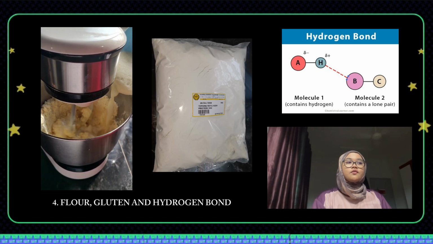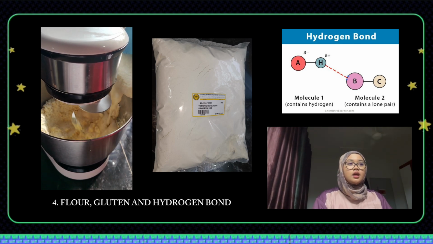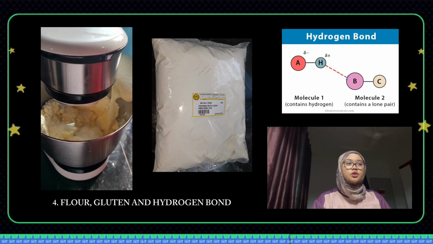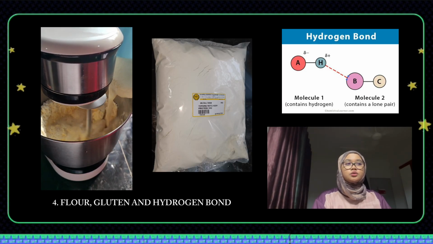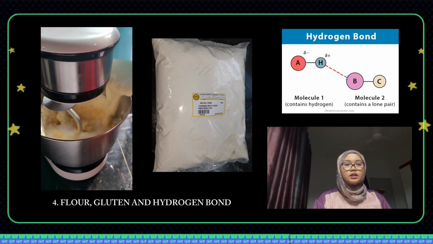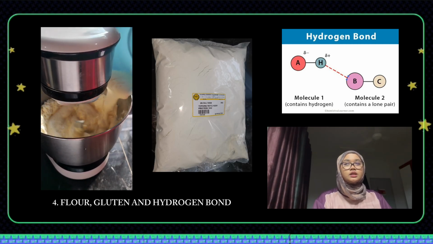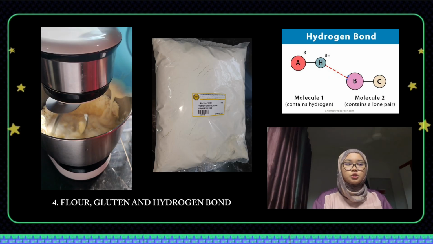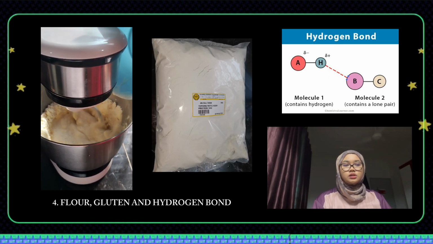In flour, there are two main proteins, which are glutenin and gliadin. When flour is mixed with water, the water molecules form hydrogen bonds with the proteins in the flour. When the dough is kneaded, these proteins combine and form gluten.